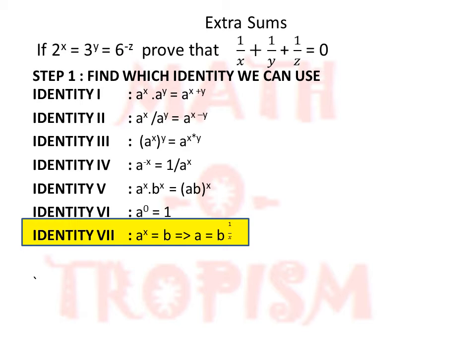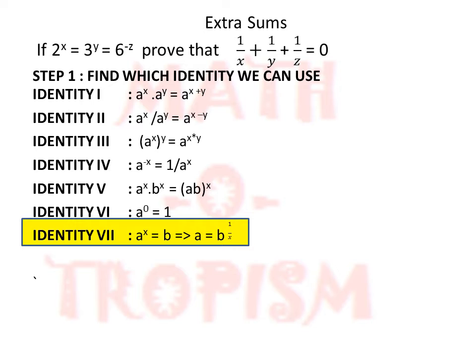That means if x was on the left hand side, on the right hand side it becomes 1 by x. Remember, 2 square is 4, so 2 is equal to 4 power 1 by 2, because that is the square root. So identity 7 is the one we will be using.